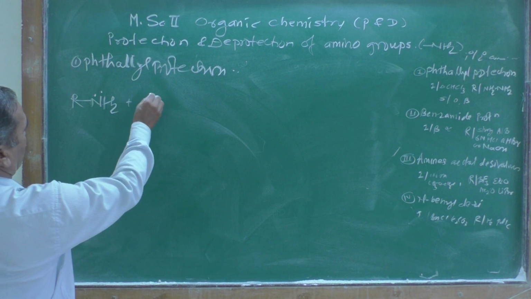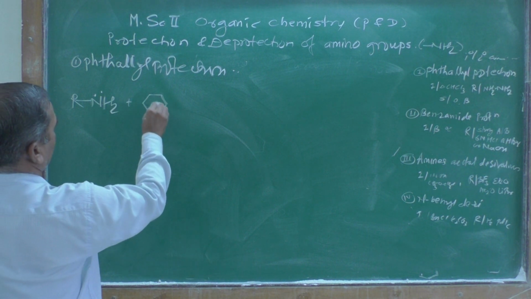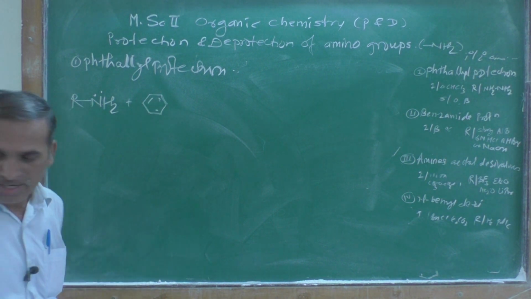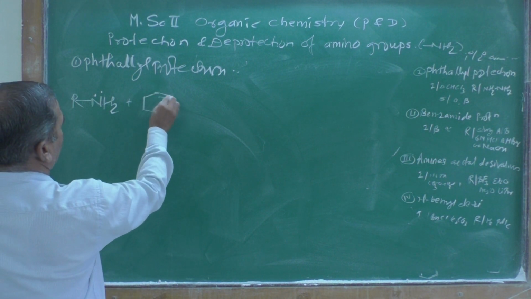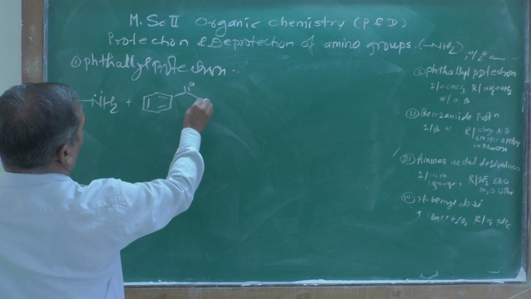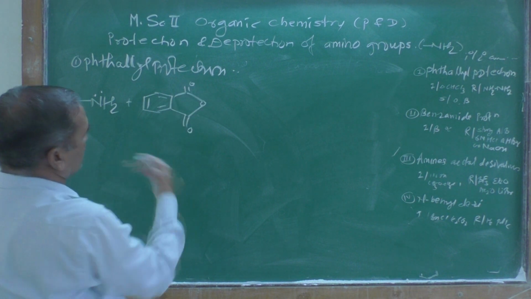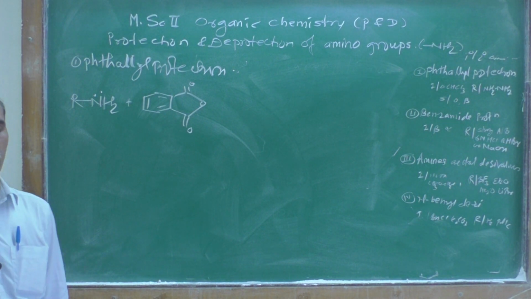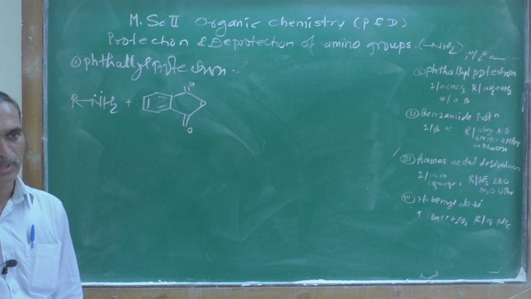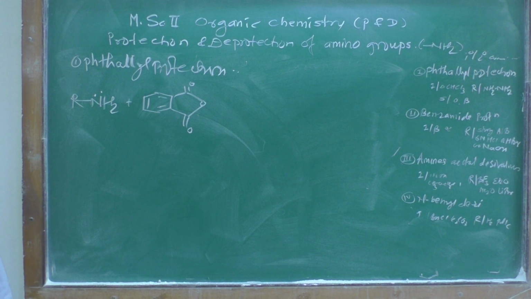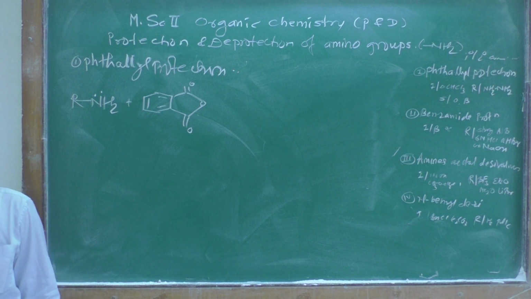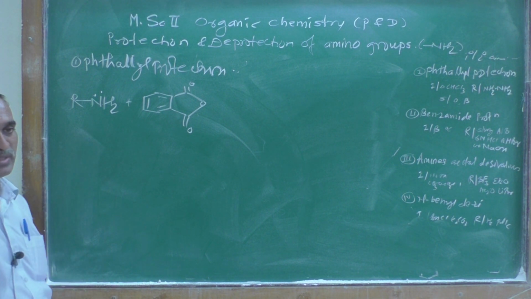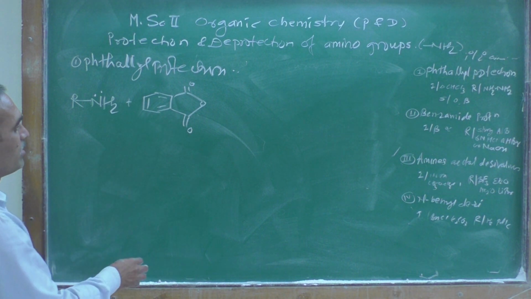As we know, the structure of phthalic anhydride is this one, a benzene ring, then C double bond O. Phthalic acid is treated at high temperature or in presence of Al2O3 or concentrated H2SO4, and dehydration takes place because they are dehydrating reagents. Dehydrating reagent means removing the water molecule, and we get this type of anhydride. So this is phthalic anhydride here.